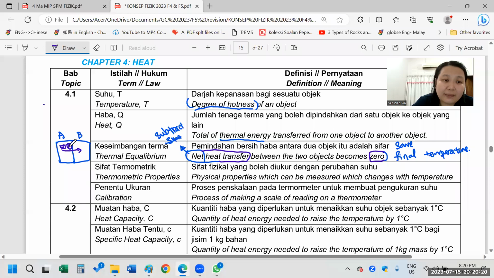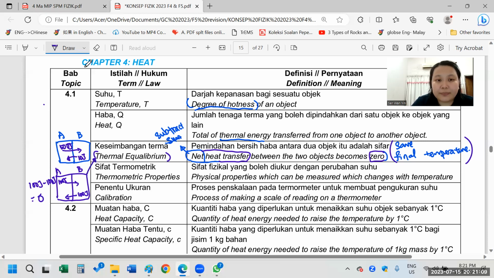Let's say in the beginning it's 500 joules from A to B, then 10 joules from B to A. But finally, when they reach thermal equilibrium and have the same final temperature, maybe 100 joules flow from A to B, then 100 joules from B to A. So when you minus 100 minus 100, the net would be 0. So be careful about thermal equilibrium.